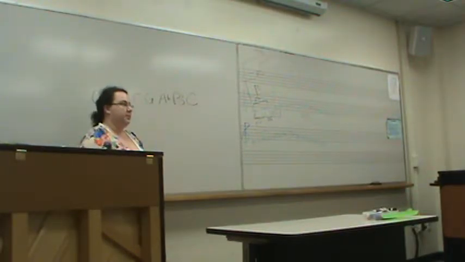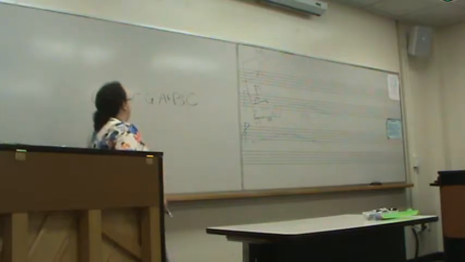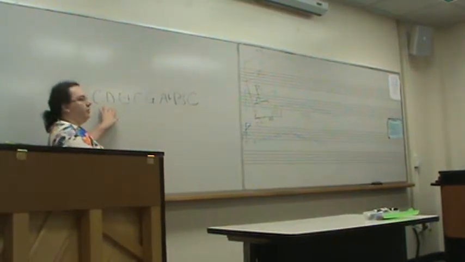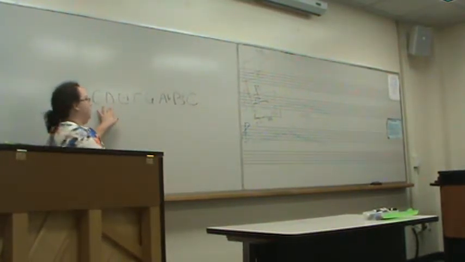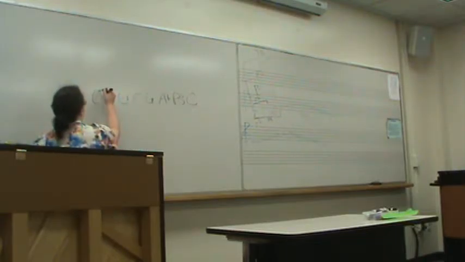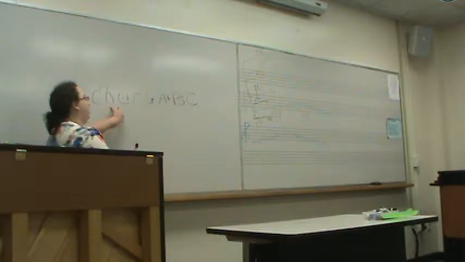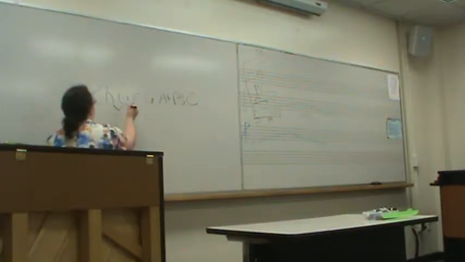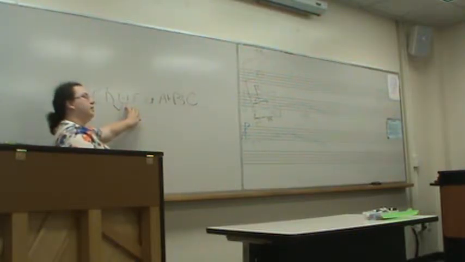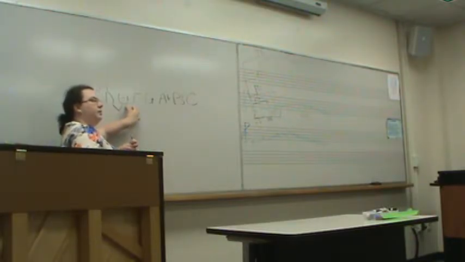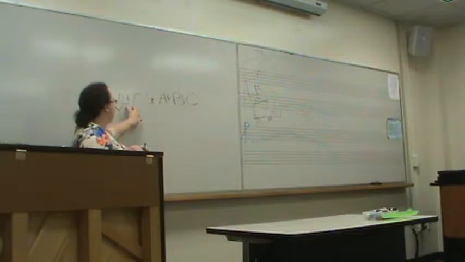Okay? Half steps and whole steps. We've talked about this before. So, can you tell me half step or whole step? Whole step, because there's a C sharp in between here. Okay? Half step. Good? Whole step. Why is it? I thought E to F was a half step. It is a half step, right?